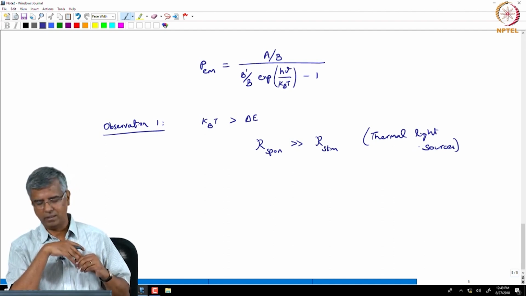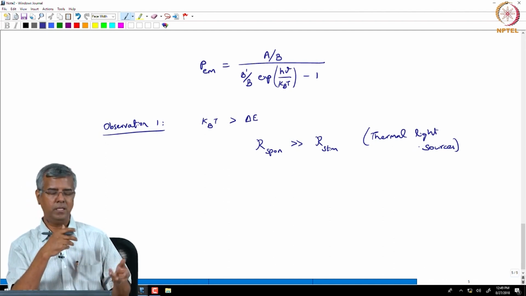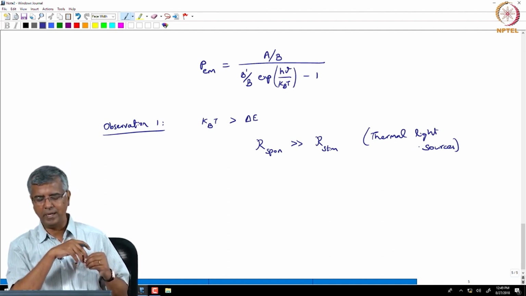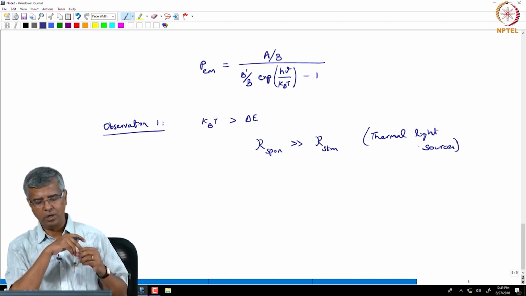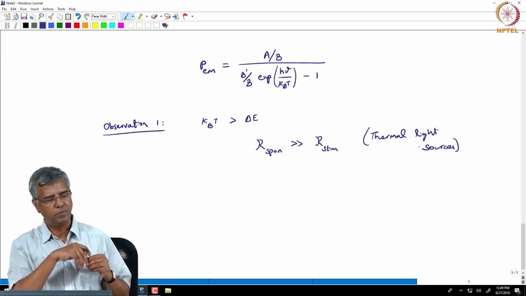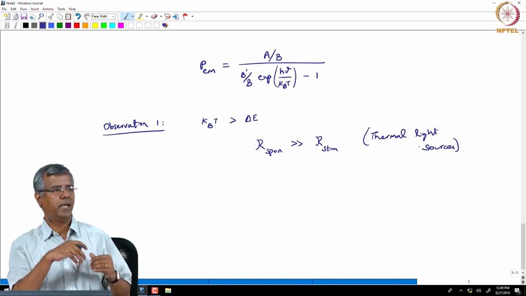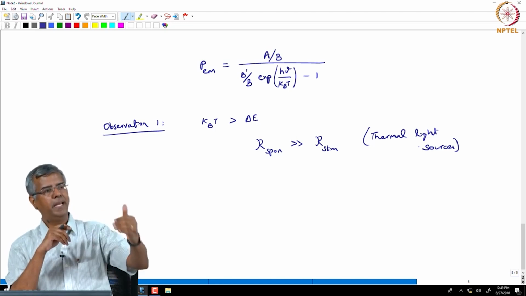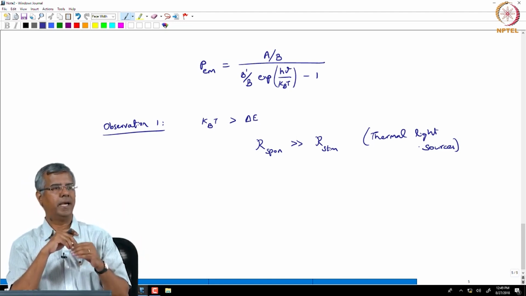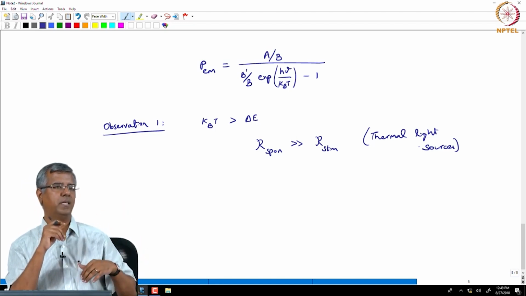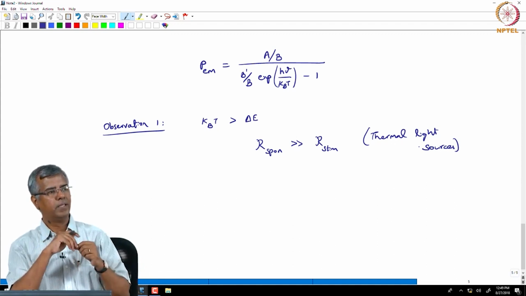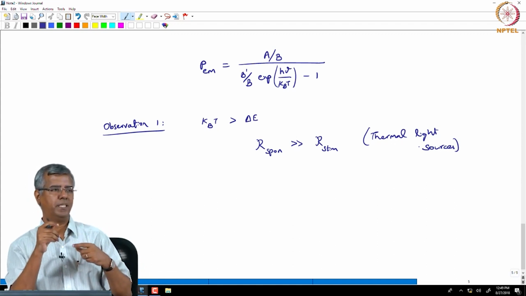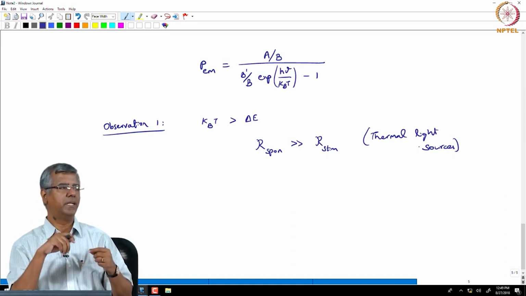Okay, but then you still need a fairly large value of rho em. So in which case you will find that you need to somehow get atoms to go to a higher energy level and maintain atoms at a higher energy level with respect to the lower energy level. Only when you have that inversion of population, that is when you will get stimulated emission.